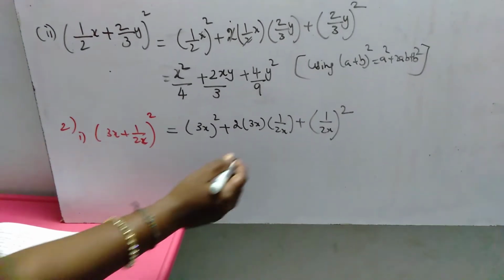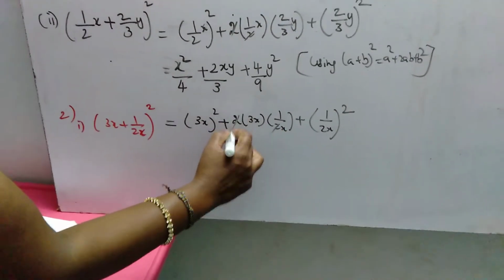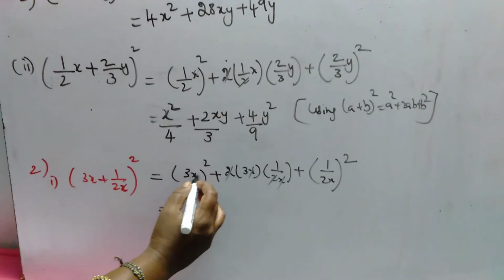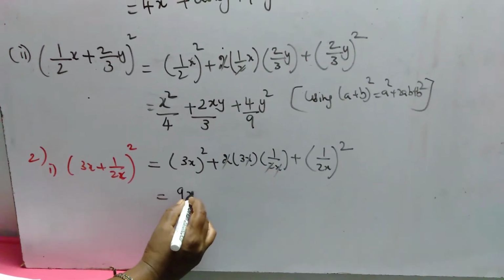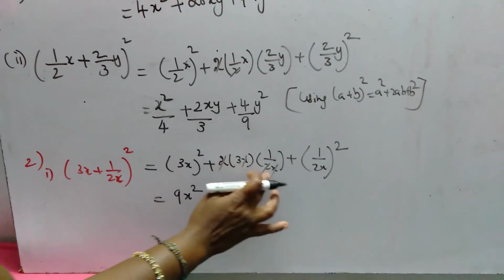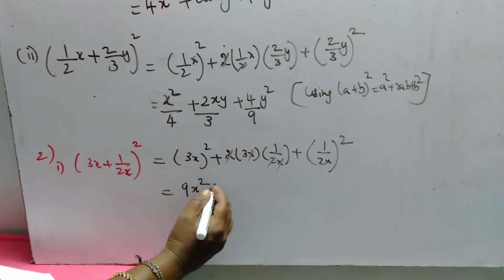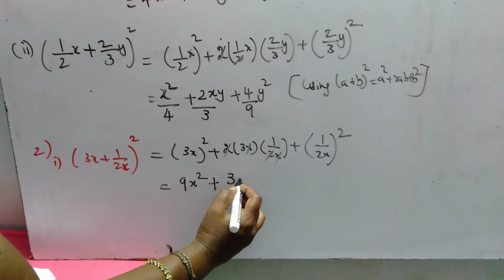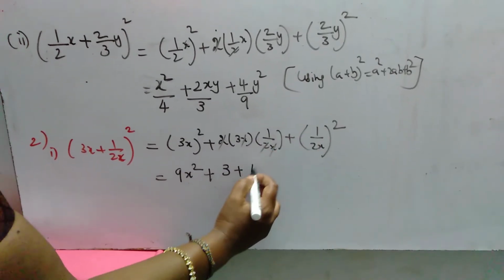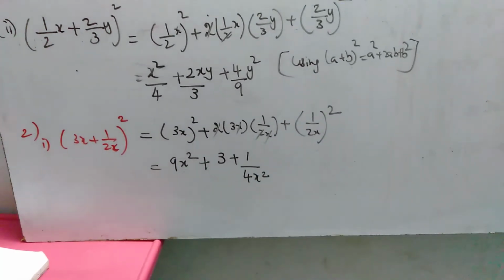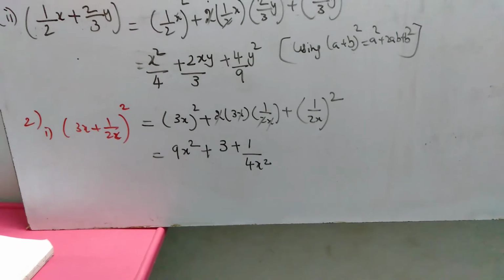Here we can cancel 2 and x, and expand 3 square x square, which is 9x square. Then what is left in the numerator is only 3, so plus 3, then plus 1 square is 1 and 2x square is 4x square. This is the solution for this first subdivision.